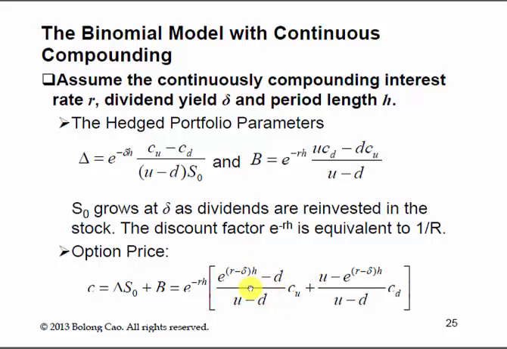So the dividend is deducted from the risk-free rate. And the length of the period is h. That's the continuous compounding binomial formula. Okay, that's how to incorporate the continuous compounding rate, the interest rate, and dividend yield into the formula.